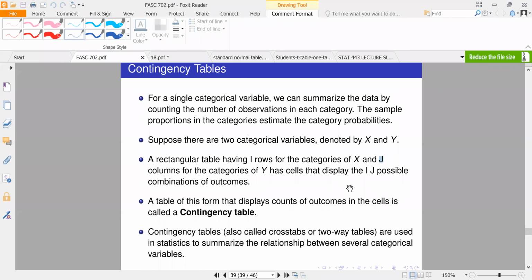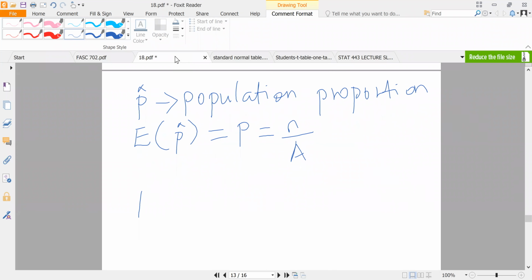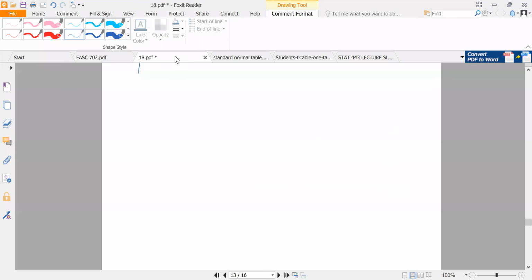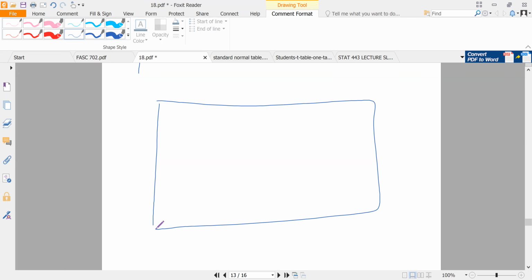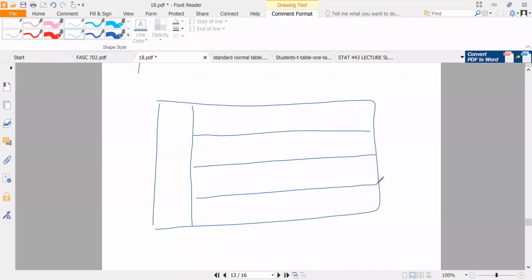For example, let's say this is the table, and we are saying that you can have I rows for the X variable, and then you can have J columns for the Y variable.